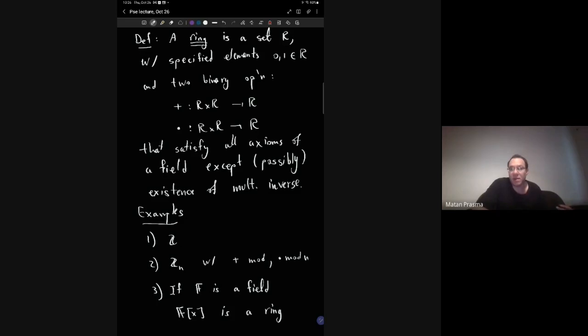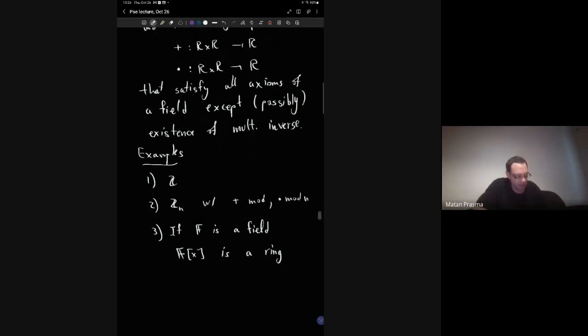Because you can add two polynomials. You have an additive inverse: if you take a polynomial f, then you just negate all the coefficients. That's the additive inverse. But you don't have a multiplicative inverse.